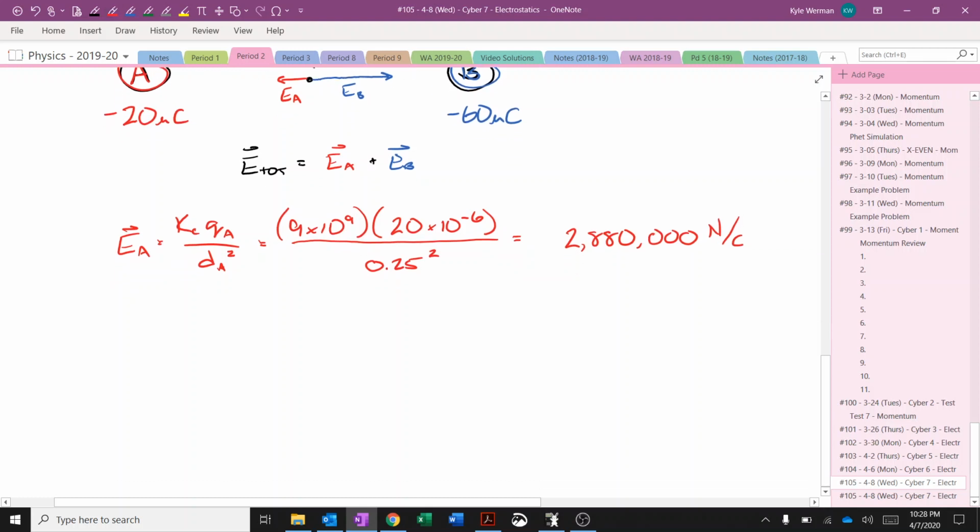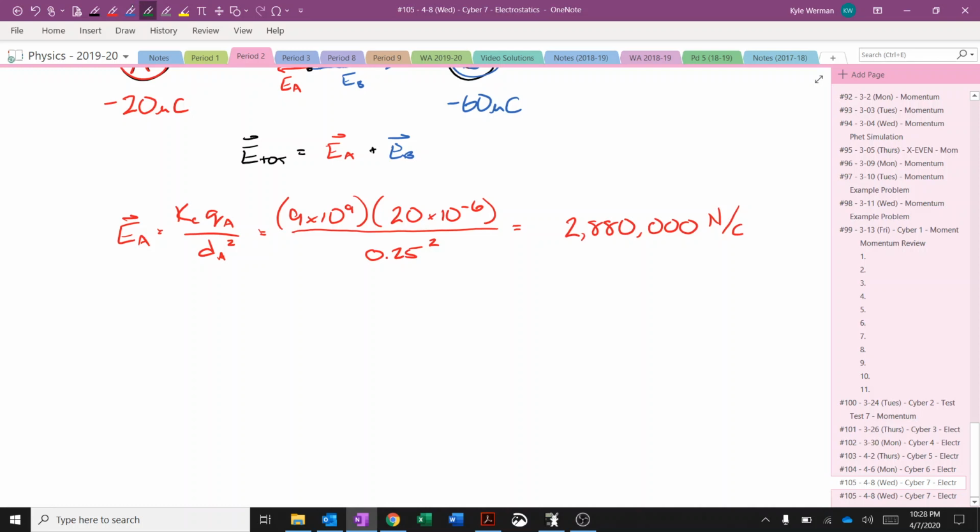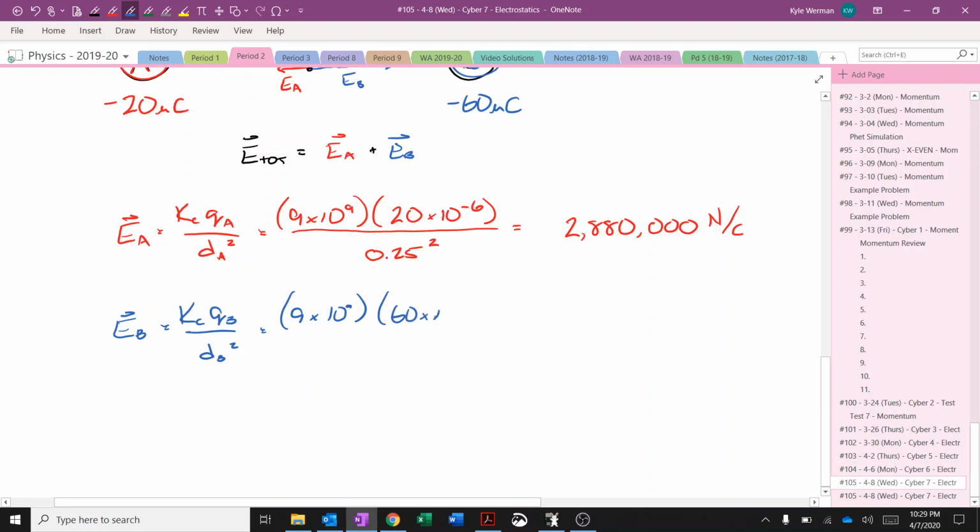All right. Let's find the magnitude of B. So the field of B, again, is Coulomb's constant, the charge of B, and the distance to B squared. Start plugging in our numbers. You'll notice it's pretty similar. This time it's 60 times 10 to the negative 6, all over 0.25 squared.